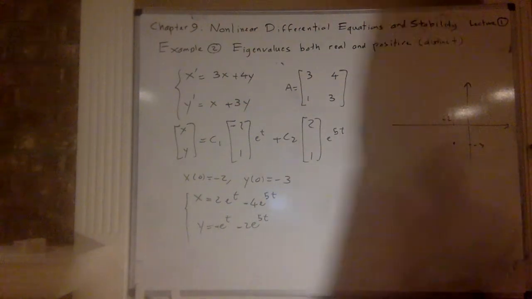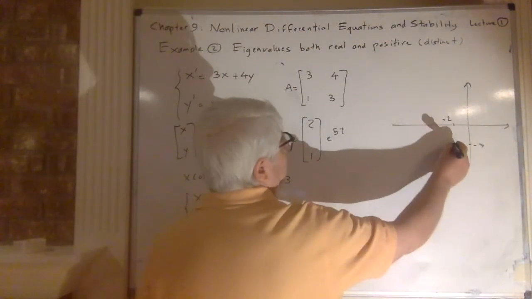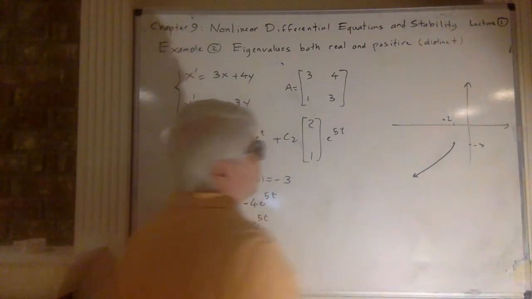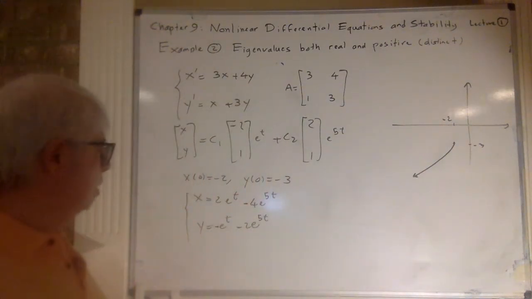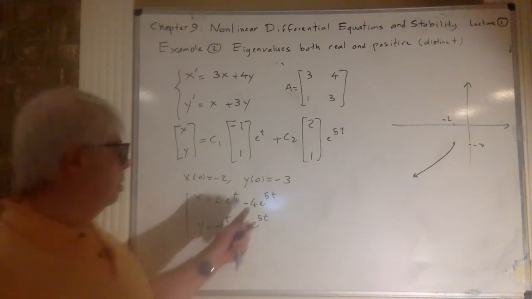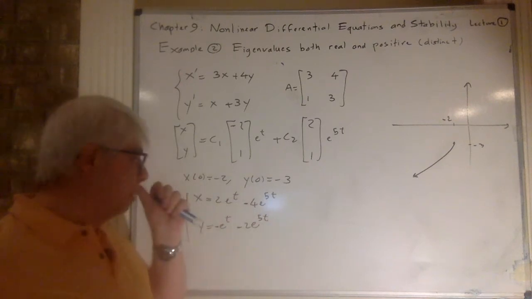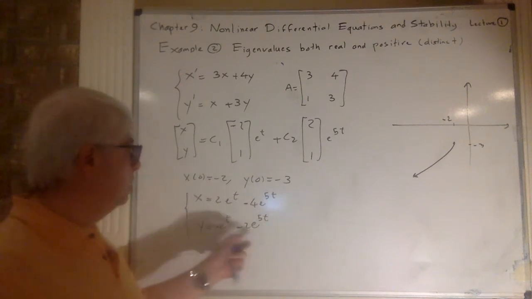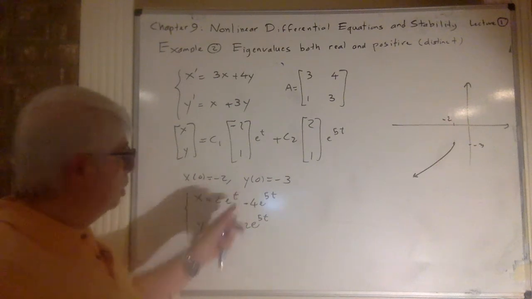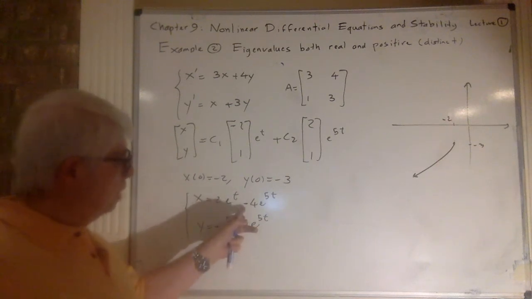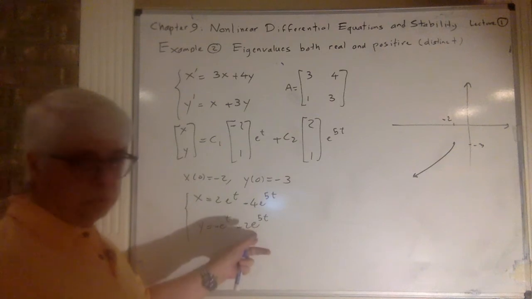And then it just escapes, goes this way. And you can see why it goes this way, because e to the power 5t, as t gets larger and larger, is larger than e to the power t. And both are negative. This is minus 4 times this, and this is minus 2 times this.